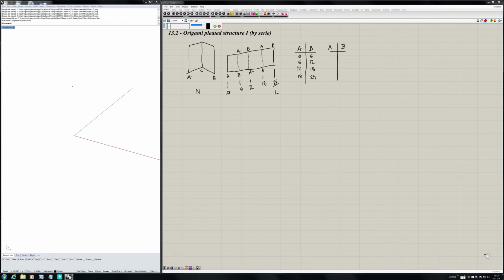So n div, the number of divisions, 4. So B is going to be L divided by n div, and this is going to be 1, 2, 3, and this is going to be n.